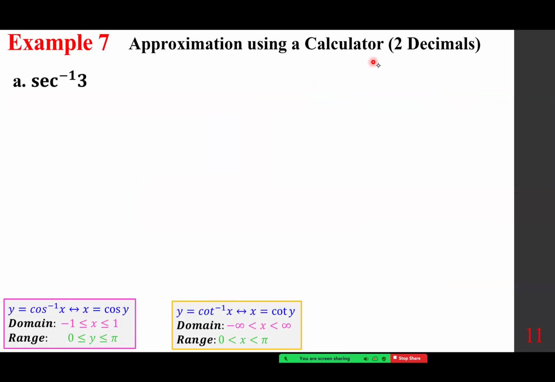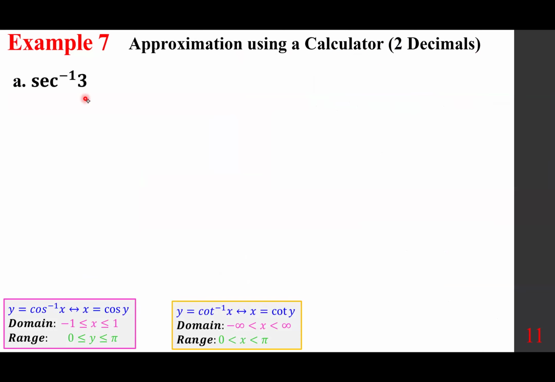Approximation using a calculator, 2 decimals. By the way, I think when there are common arcs, you know the answer. It's very easy to get that. I want to show you how the calculator works in case you come across something a little bit more complicated. So secant inverse 3. Remember, the calculator has the key for the inverse trig functions sine, cosine, tangent, not the rest of them.